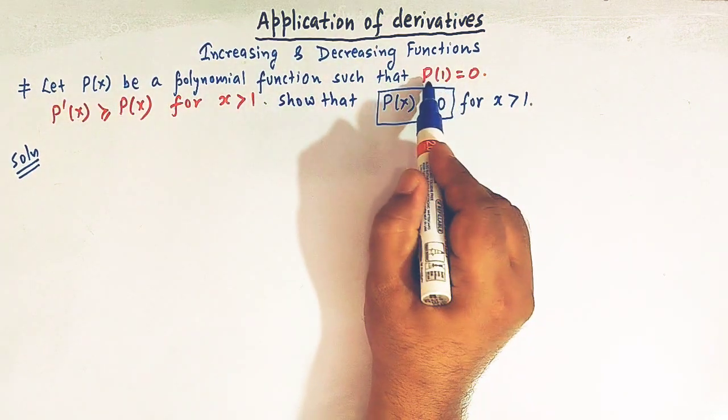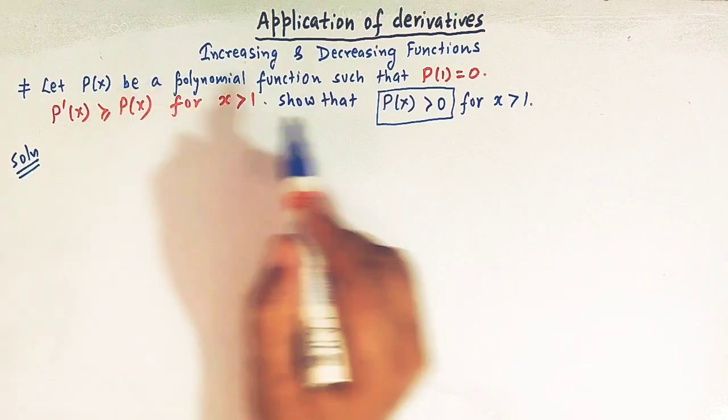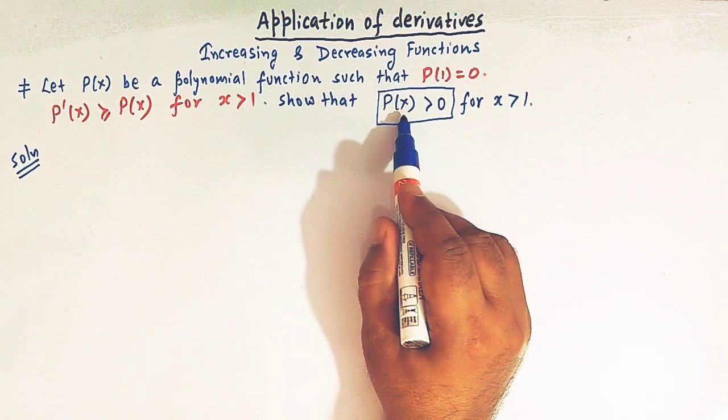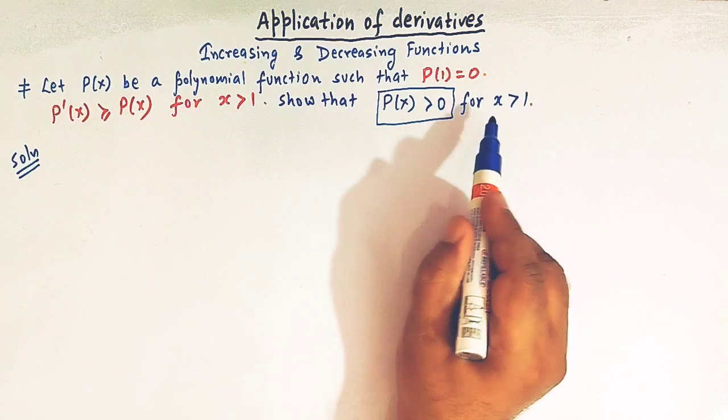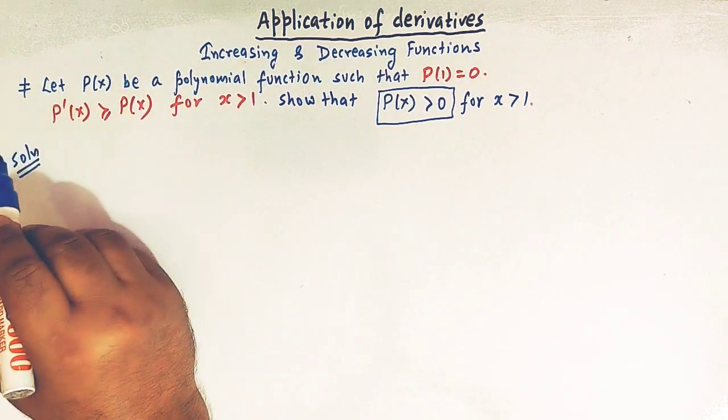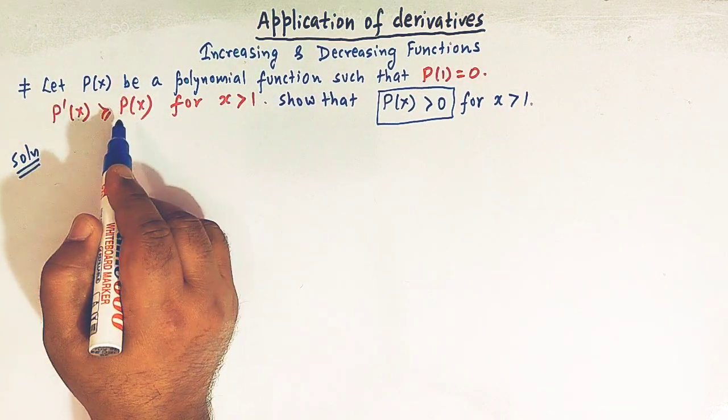So utilizing these conditions, we have to show that the polynomial function is greater than 0 for x greater than 1. So let us start with this condition.